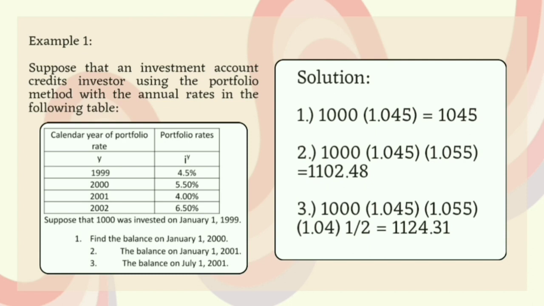So that is why 1/2 or 0.5 is placed there. So it is equivalent to 1,124.31, and this is the balance on July 1st, 2001. And by the way guys, that is the example for the portfolio method.